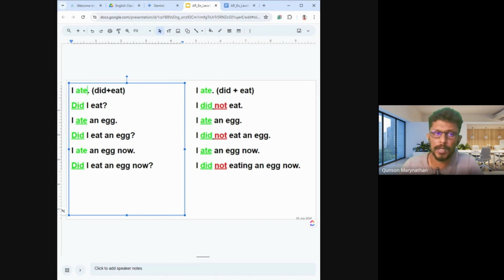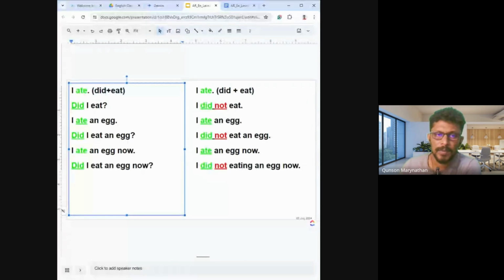Ate is in the past tense. When you say the verb is in the past tense, it means there's an auxiliary verb, did, plus the verb eat, which becomes ate. Take did out of the sentence and put it in front of the subject. So it becomes, did I eat?